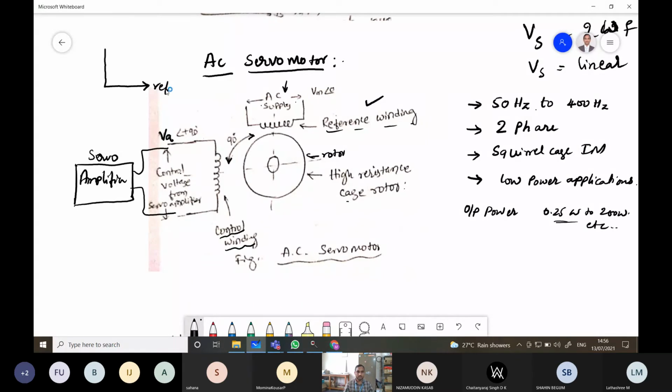Suppose this is the reference, Vm at an angle 0, and another one is Va at plus 90 degrees. So Va is here at angle 90 degrees, Vm is here at angle 0 degrees. Va will be 90 degrees out of phase from the reference winding, and this is necessary to obtain the rotating magnetic field.